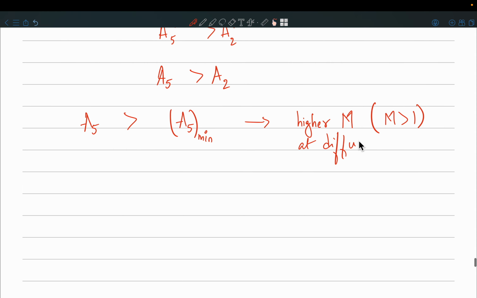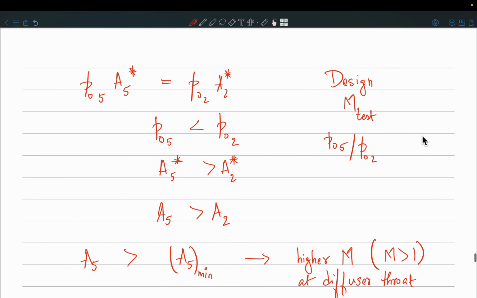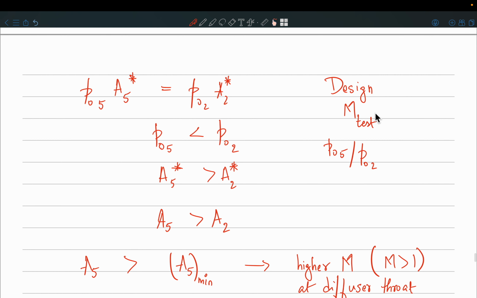Now what happens if A5 is less than A5 minimum? See, I know by design, I imagined I want a test section with some Mach number, and I know the stagnation pressure ratios. I know I have already fixed A2.